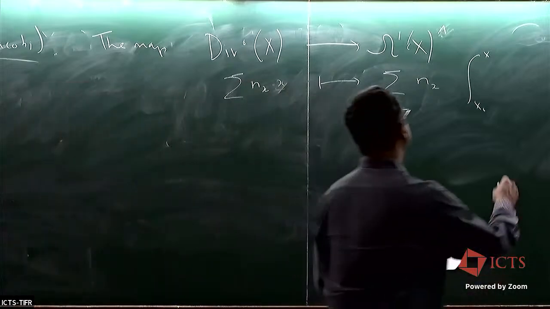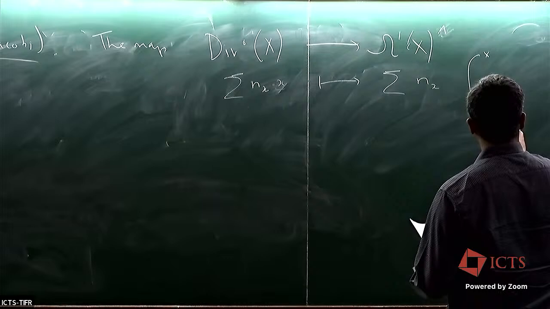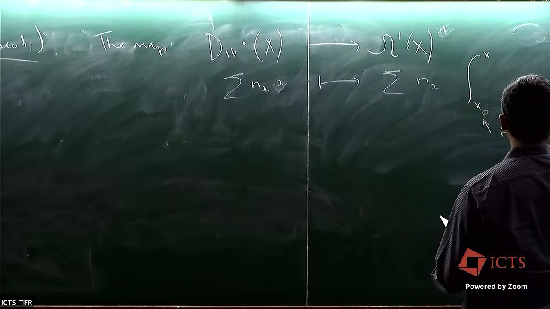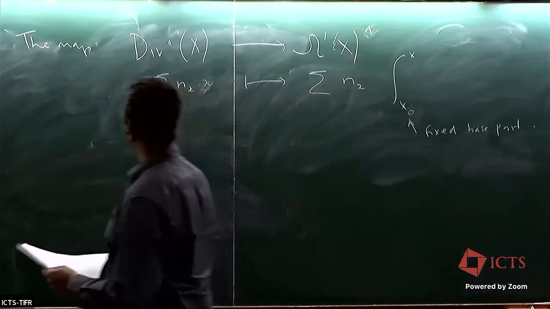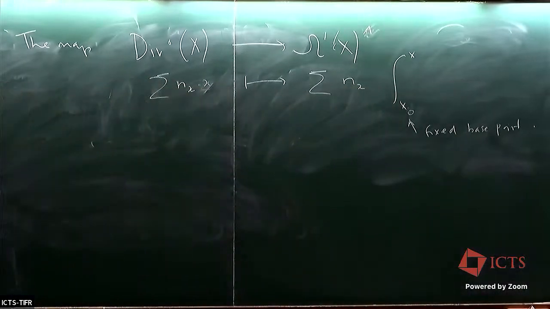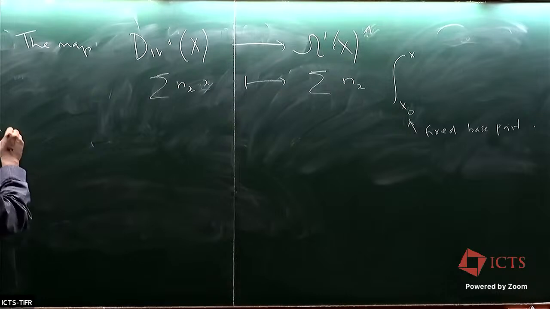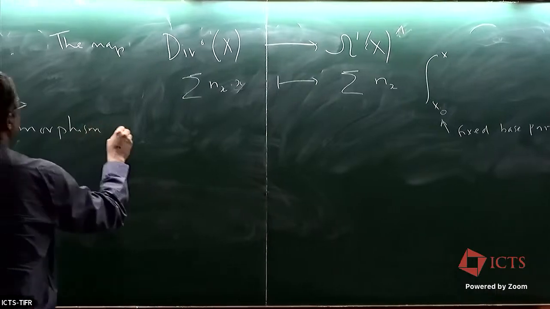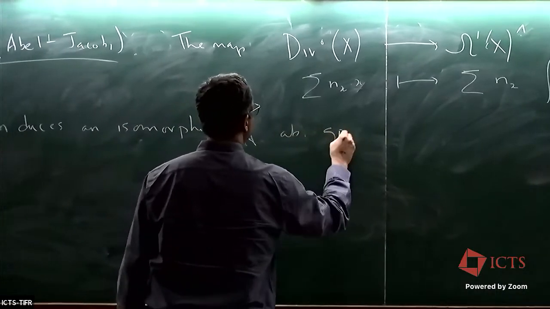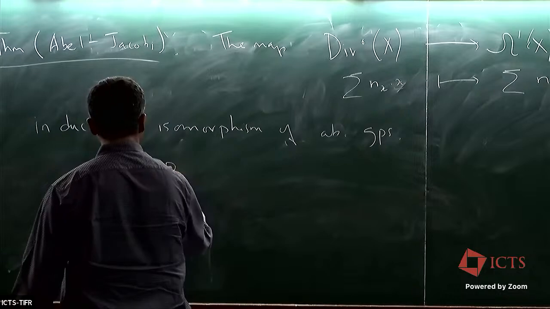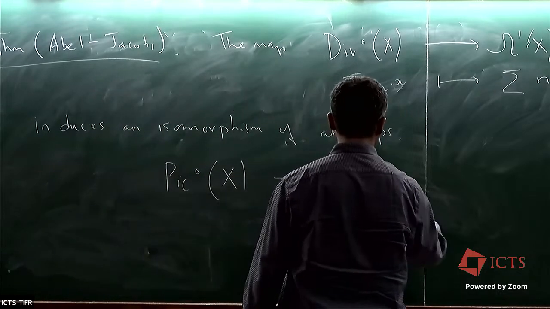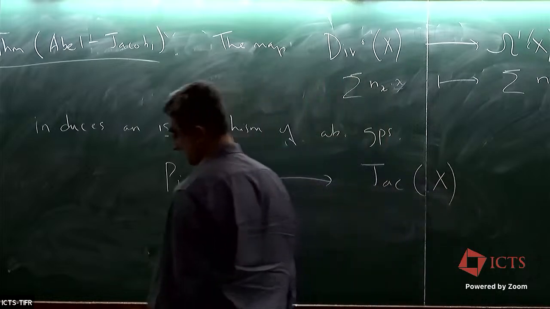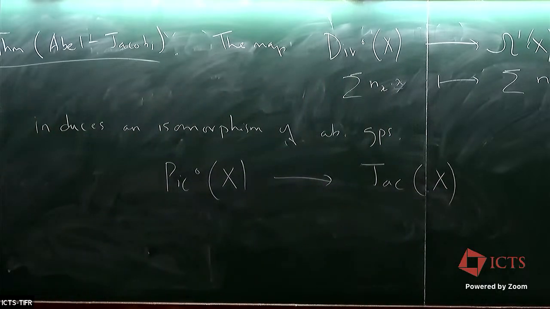from a fixed base point. What is a fixed base point? So this map induces an isomorphism of abelian groups, Pic 0 to the Jacobian of X. So there are some things to check there.